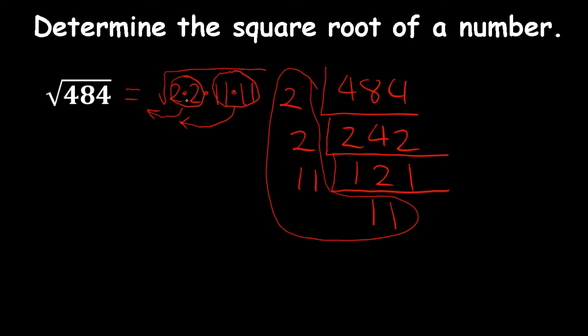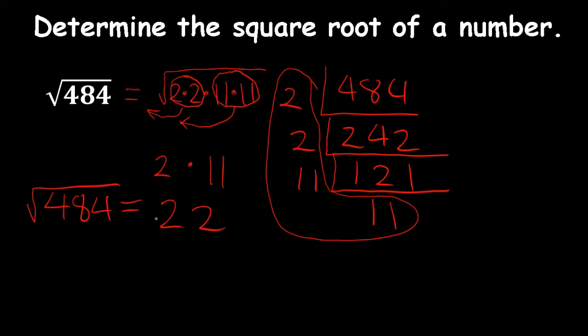Let us take only one 2 and one 11, and multiply 2 times 11, which is 22. Therefore, the square root of 484 is 22 because 22 times 22 is 484.